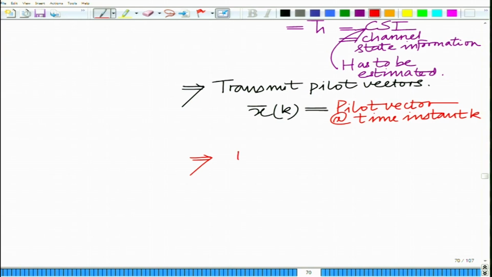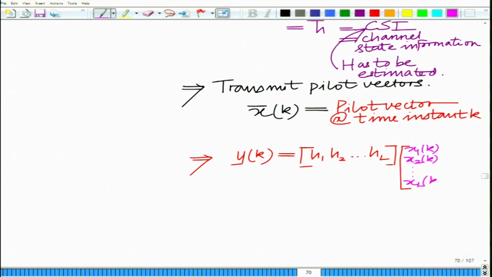So, I can write the received symbol y of k at time instant k equals the channel coefficients H1, H2, HL times x1k, x2k up to xLk, plus the noise sample n of k. What is xi of k?